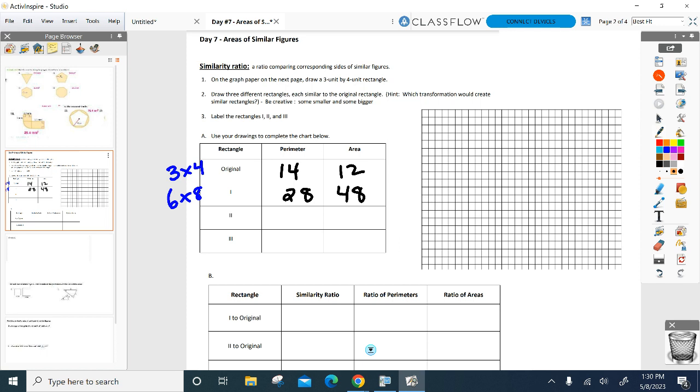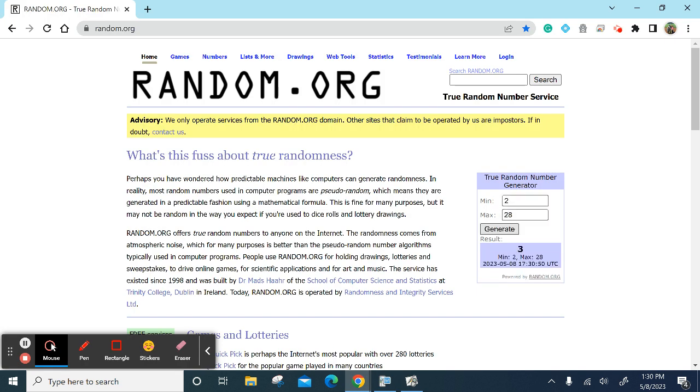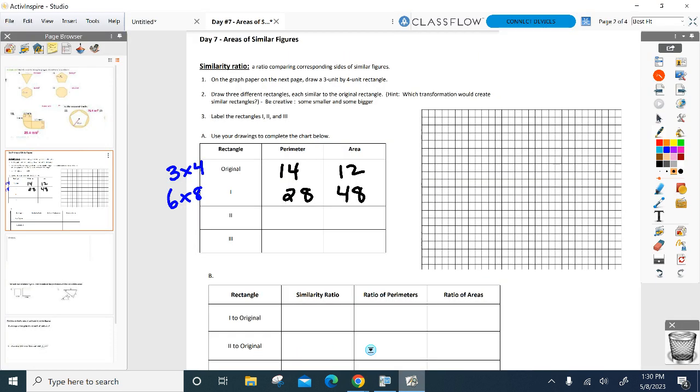All right, next up, give me another similar rectangle, please. Similar rectangle to the original. 30 by 40. This guy. 30 by 40 works. It is true.